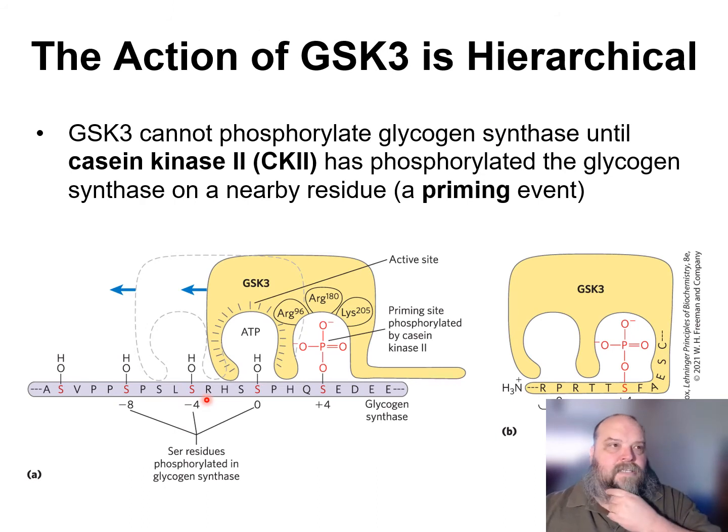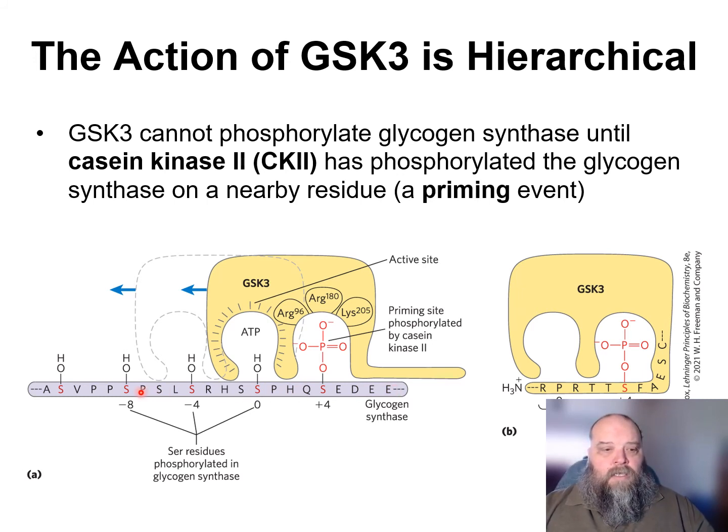Now, why is that? Well, it turns out GSK3 can't just go and start doing its job. It has to have a serine already phosphorylated, so that it knows where to position itself. You look here. Here is the glycogen synthase primary structure.